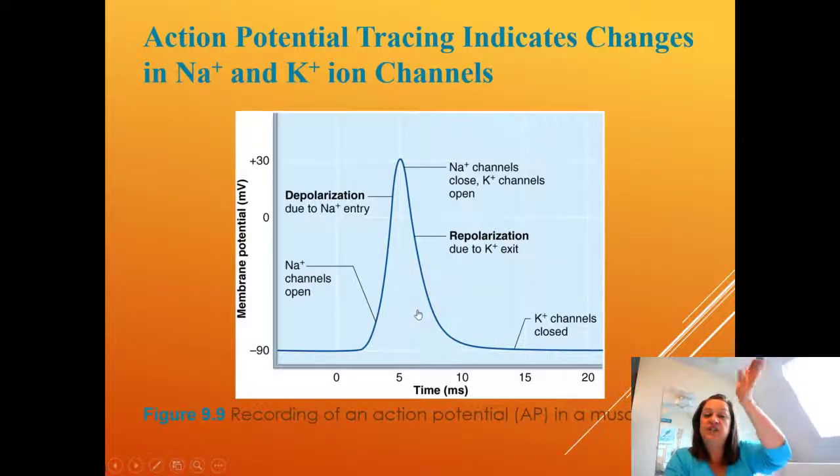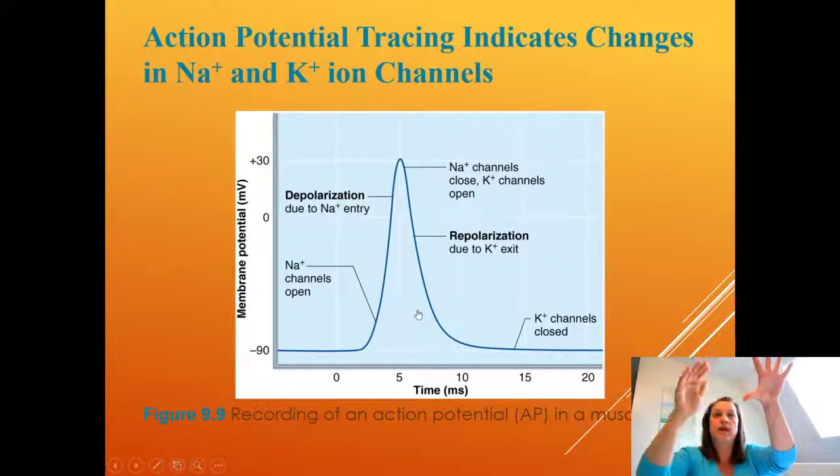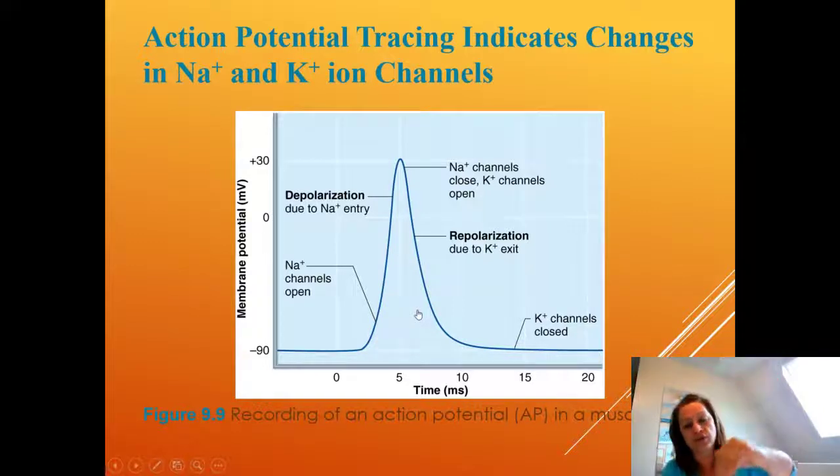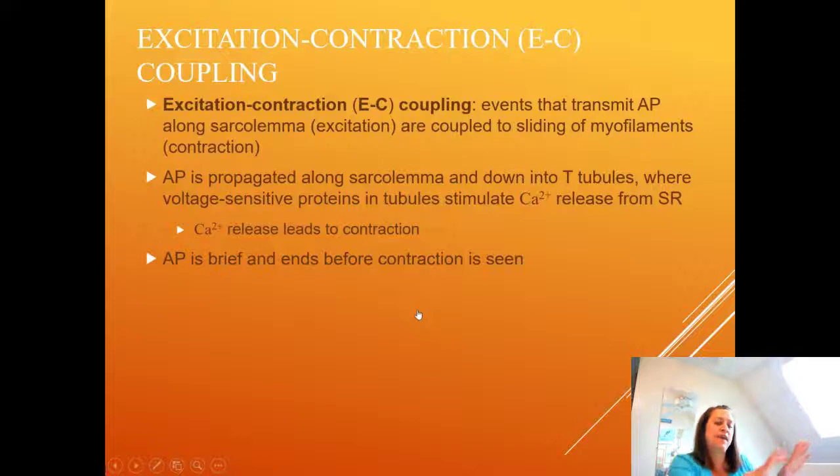That's your depolarization event. Once we hit that equilibrium point, the sodium channels close, the potassium channels open, and the positive ions begin to leave, and we'll notice that the charge goes way down again. That's an action potential.